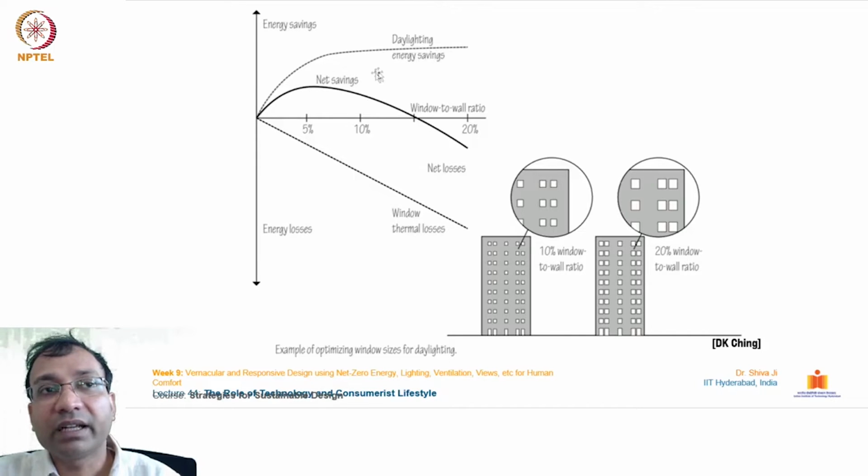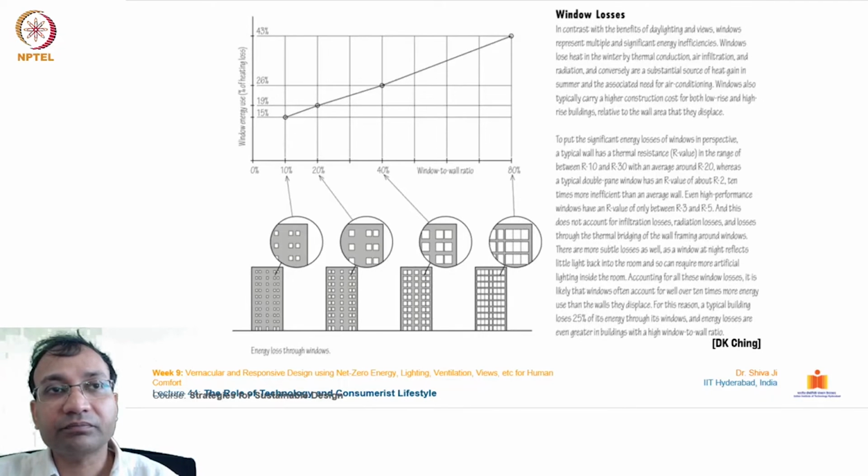The daylighting energy saving, the window thermal losses, and the net saving are all plotted on the scale of energy savings or energy losses. On the saving part, when we go for 10%, there is the usual saving. If we go for less than that, then in this area the daylighting saving and the net saving are relatively much lower. So we can plan these WWR ratios to increase the daylight efficiency in our buildings.